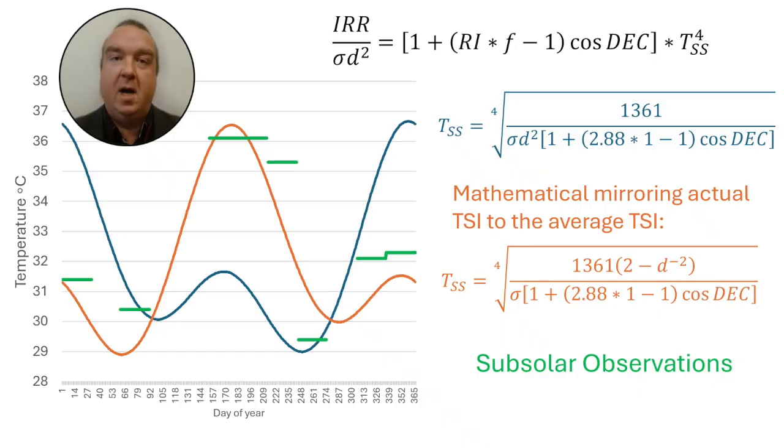To figure this out, I used a mathematical trick. I mirrored the actual total solar irradiance to the average total solar irradiance. And if we think that the orange graph is close enough to the measurements, then we can write up an equation to see whether the unknown f function is the reason or not.